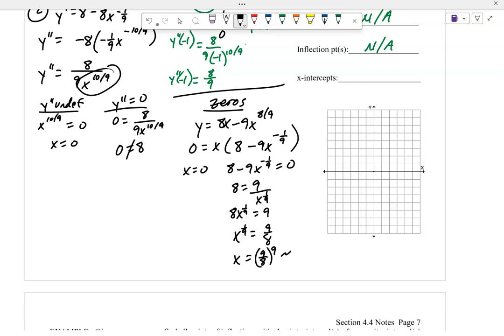And that's about 2.9 it looks like. So there's our x-intercepts at 0 and at about 2.90.